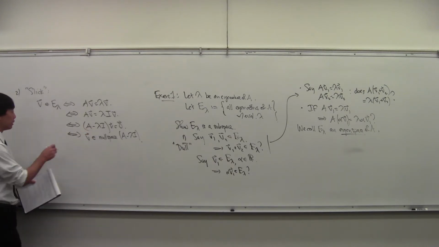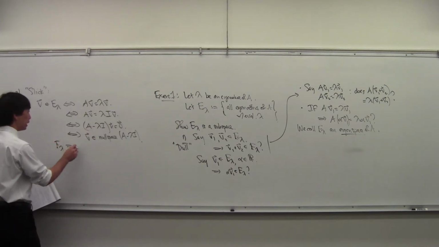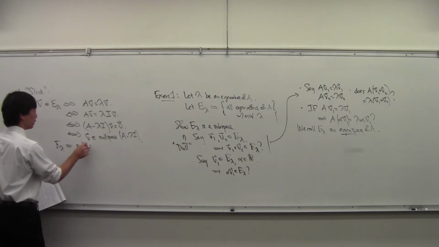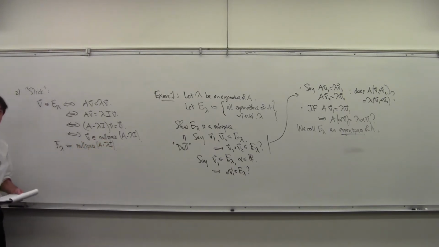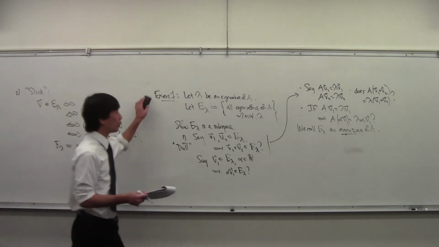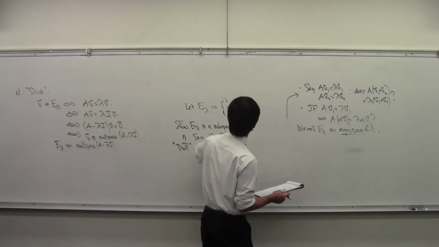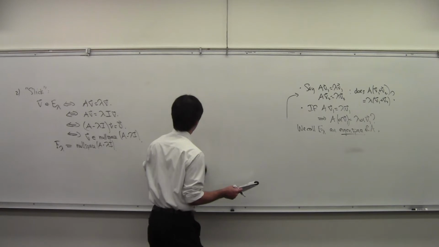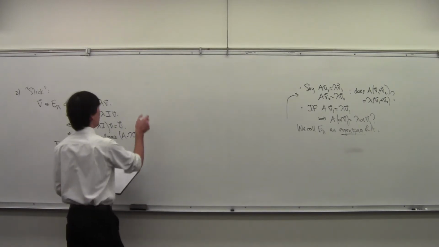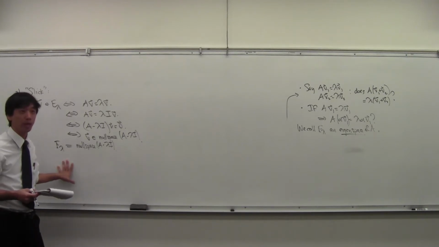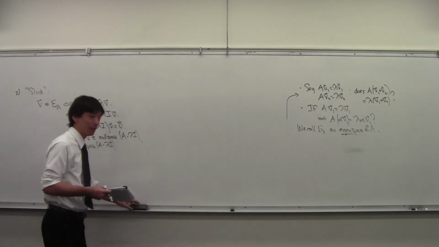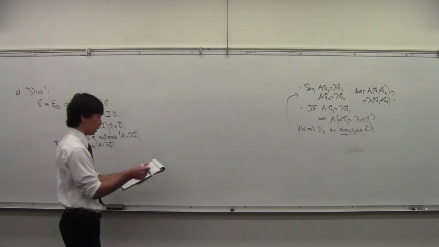So in other words, E sub lambda is the null space of A minus lambda I, and of course it's a subspace. It's a null space. That's actually a better way of thinking about why the eigenspace is a subspace.